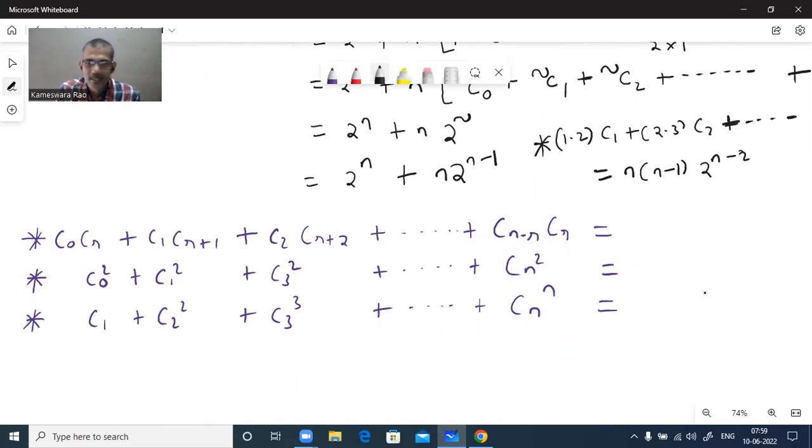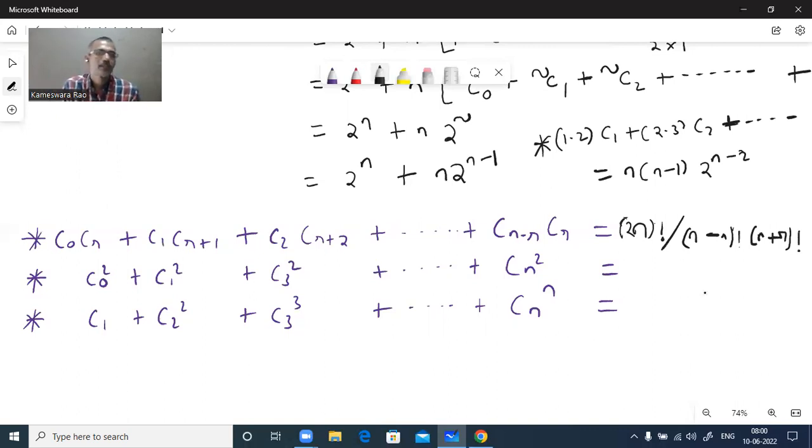Okay, for such series, their sum will be 2n factorial divided by (n minus r) factorial into (n plus r) factorial. Okay, this is the formula you have to memorize.